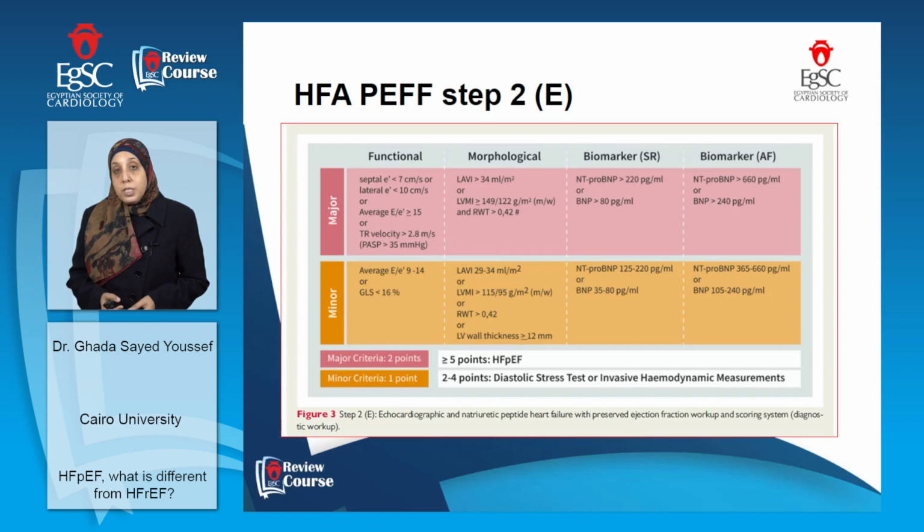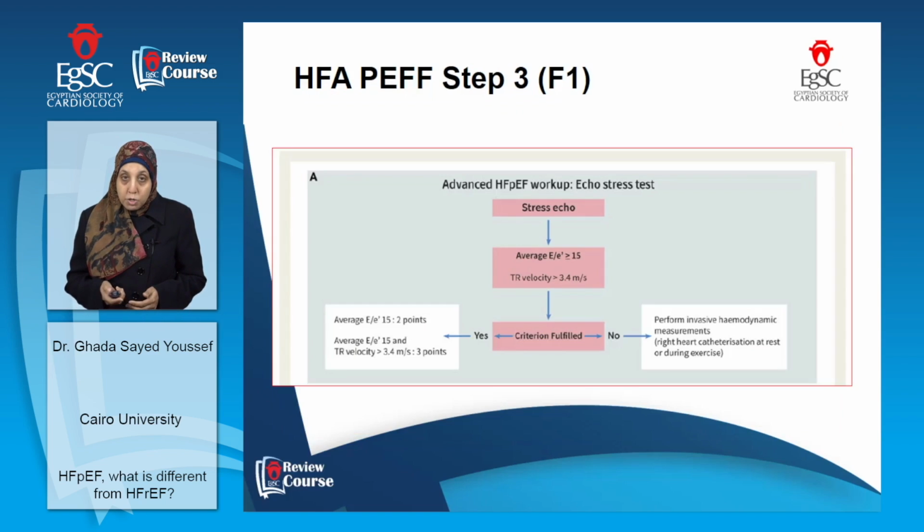The cutoff levels of natriuretic peptides in patients with atrial fibrillation are 3 times higher than in patients with sinus rhythm. And finally, we calculate the points assigned to each of these domains, and we go to the algorithm to see the diagnostic probability of HFpEF.